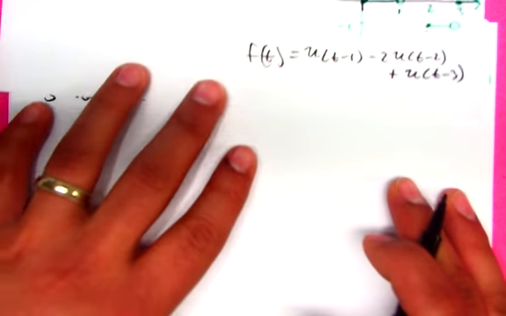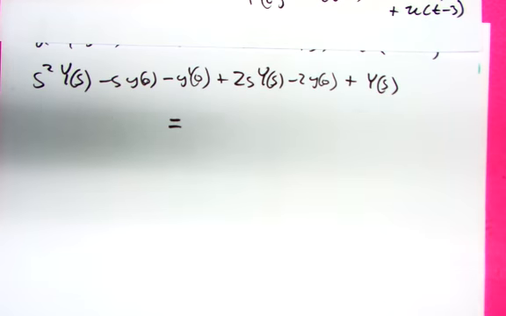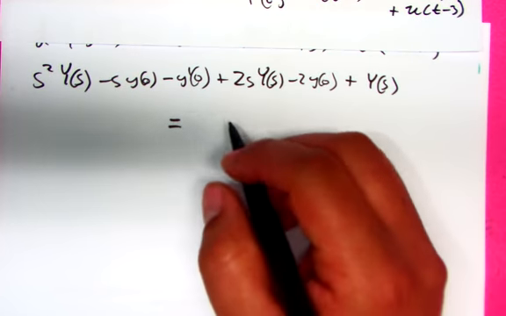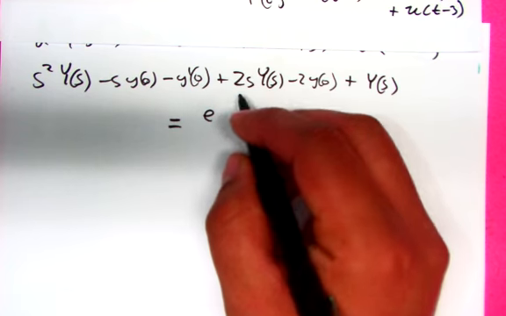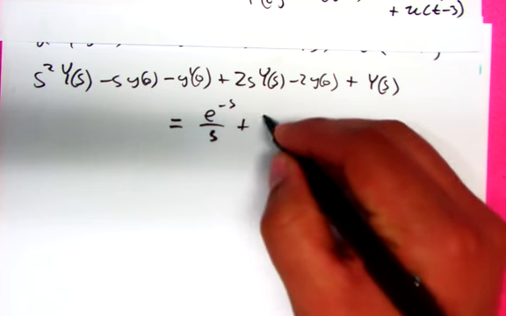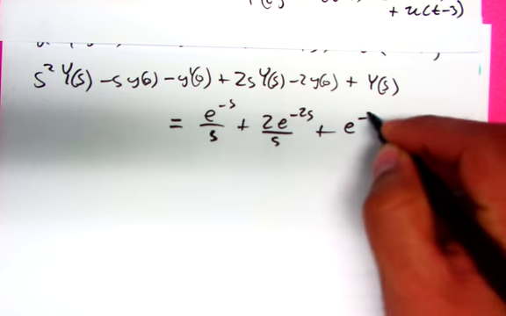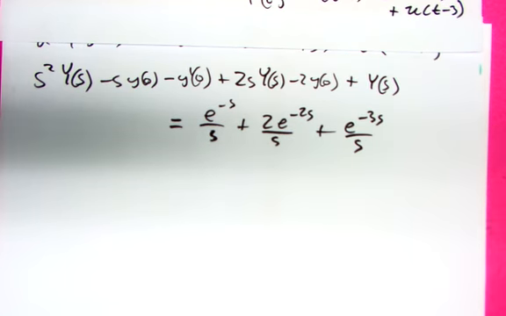So that's what we're working with on the right. When you take the transform of each one of those, you just get e to the minus s over s plus 2e to the minus 2s over s plus e to the minus 3s over s.